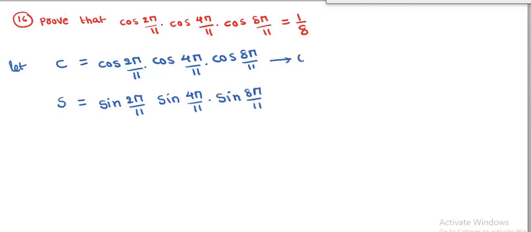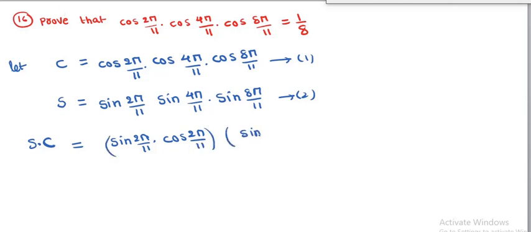Multiply S into C: sine 2 pi by 11 into cos 2 pi by 11, same for sine 4 pi by 11 cos 4 pi by 11, and sine 8 pi by 11 cos 8 pi by 11.